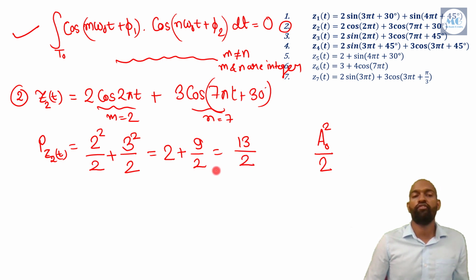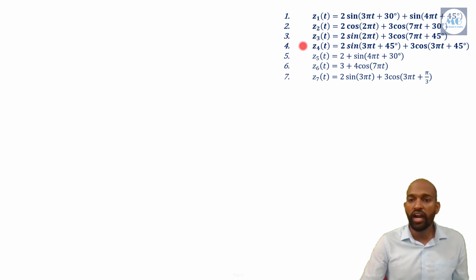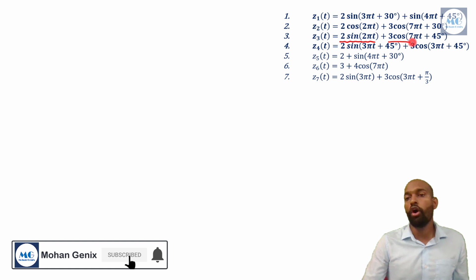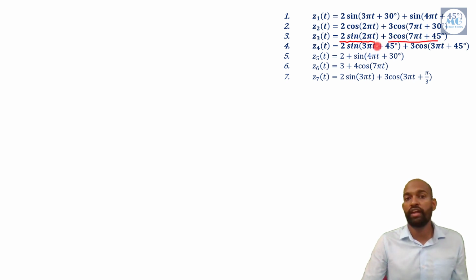So in one step we got the power of this z2t. Now let's move into our third question, that is z3t is equal to 2 sine 2 pi t plus 3 cos 7 pi t. Here sine and cosine both functions are available.